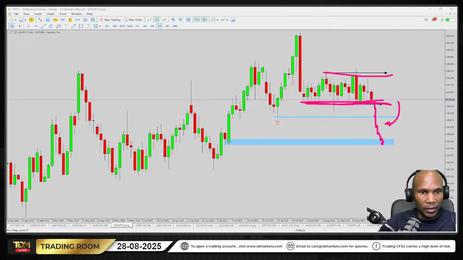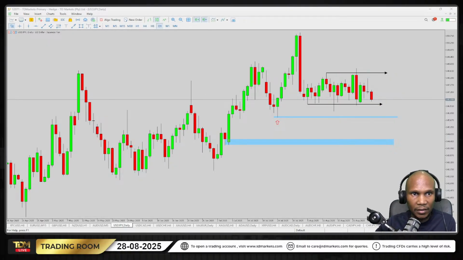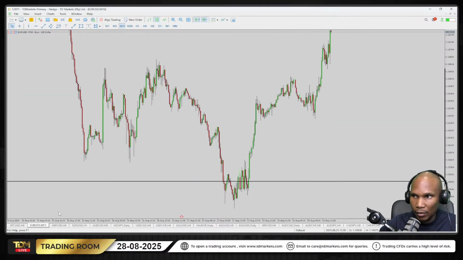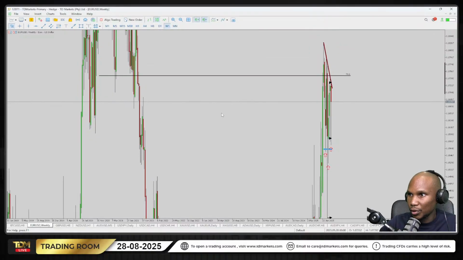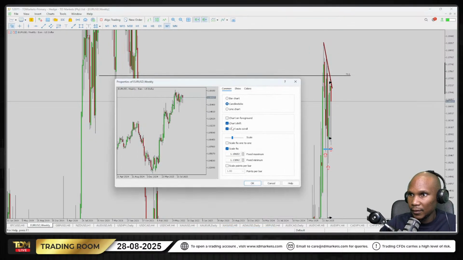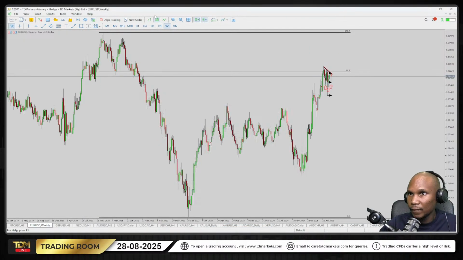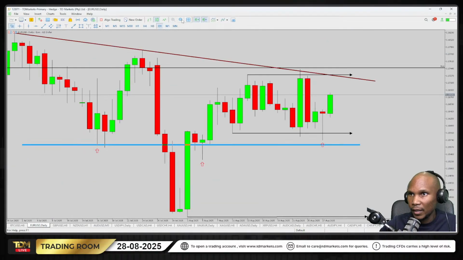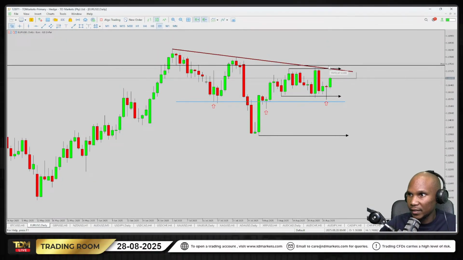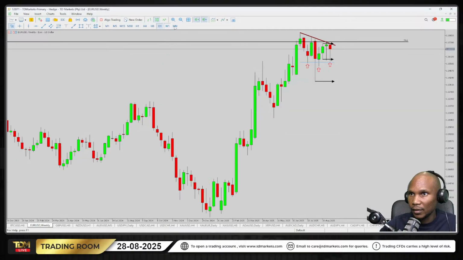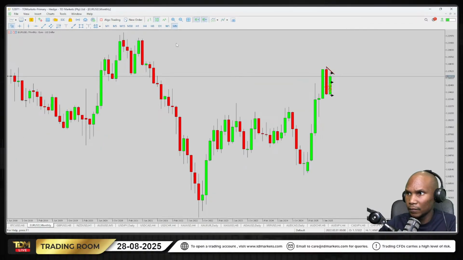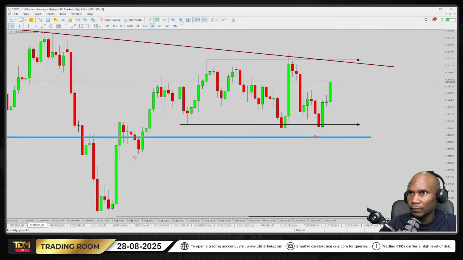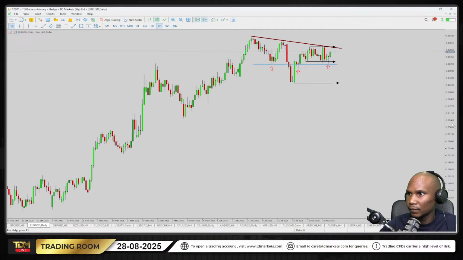There we go. So that's USD JPY. It hasn't changed, right? It's still the same, but once we get a break, then we should be going down. And Euro USD, once we get a break towards the upside, we should be going up. Yeah, if it breaks towards the upside, then we should be going up on this one. There we go.